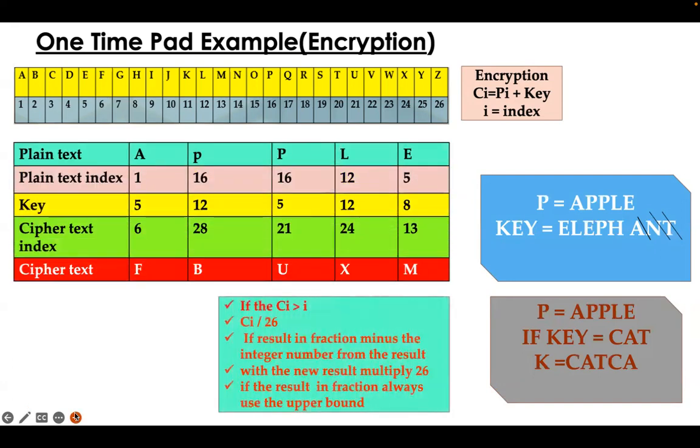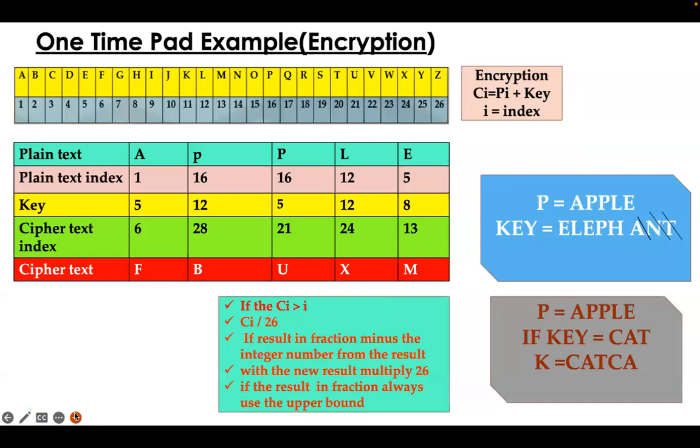Now, in this one-time pad encryption method, we have a difference in our key. Suppose our plaintext is apple, which is APPLE, and in our Caesar ciphertext index, we decided our key was a number.